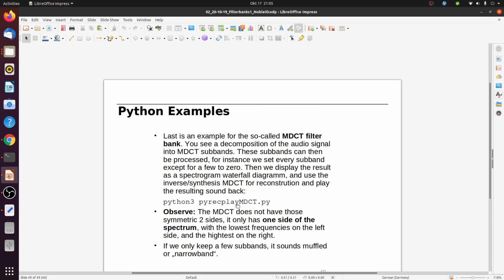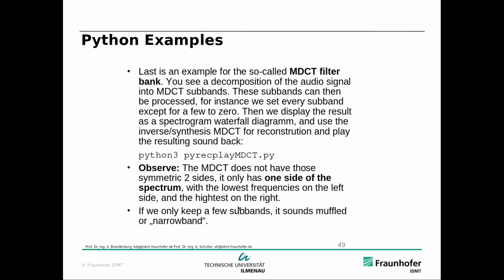So this also shows you what individual subbands sound like, right? Even with 576 subbands, each one is much too narrow to even distinguish speech from something else. So that means that the usual MDCT filter bank has a very high frequency resolution, right?